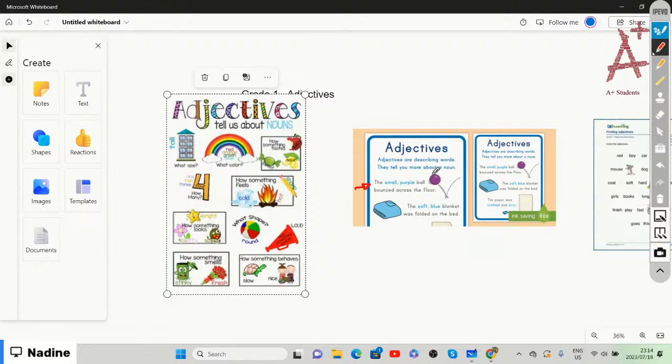Remember, we described the ball as being small, which is in size, and purple, which is in color. So here they are saying that adjectives tell us about the noun. And we said nouns name people, places, animals, or things, right? And adjectives describe the noun.